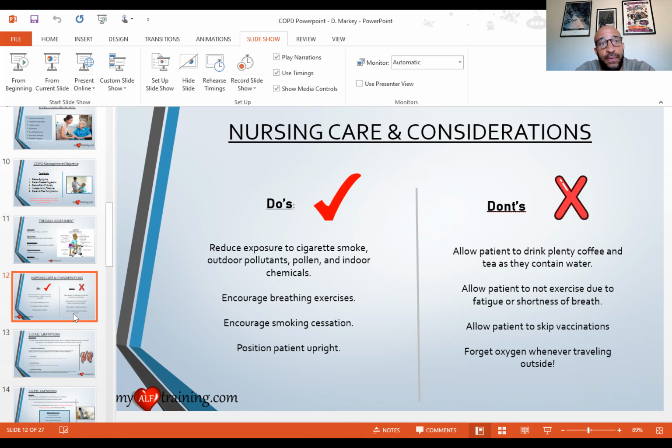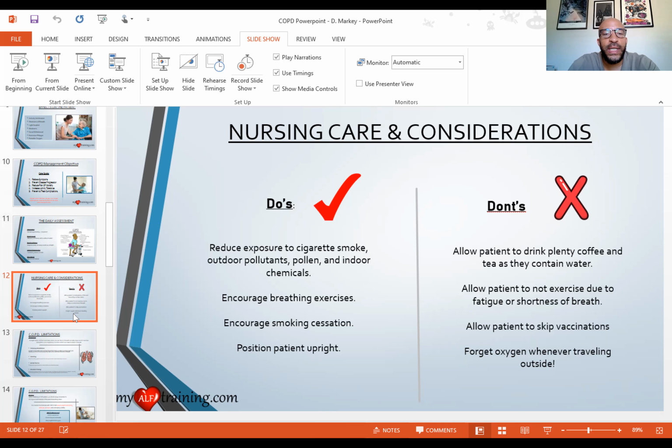Now, it may not be severe, but it'll be a COPD exacerbation nonetheless, and it will make your patient uncomfortable, and it'll make your walk back to somewhere that is safer for the patient quite a scary journey. So we want to reduce exposure to these pollutants.